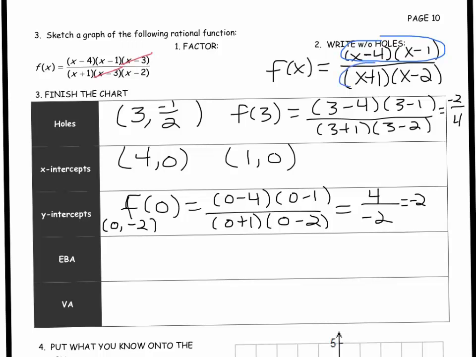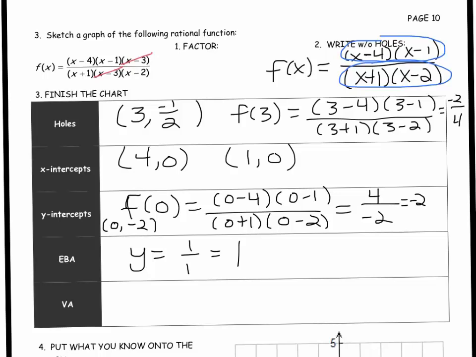The denominator is also quadratic. I would get an x squared if I multiplied out those two binomials. So the numerator and the denominator are both degree 2, so you look at the ratio of the coefficients, and it would just be 1x squared over 1x squared. So the EBA is just going to be y equals 1.